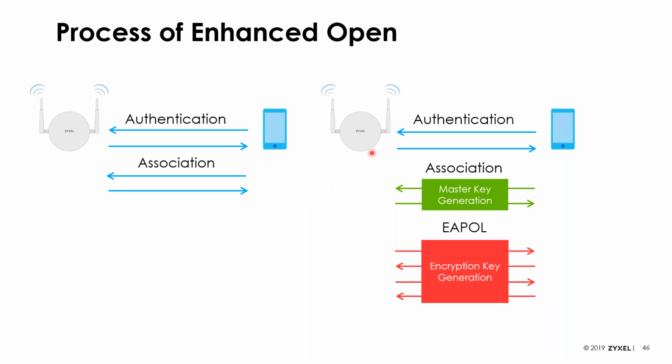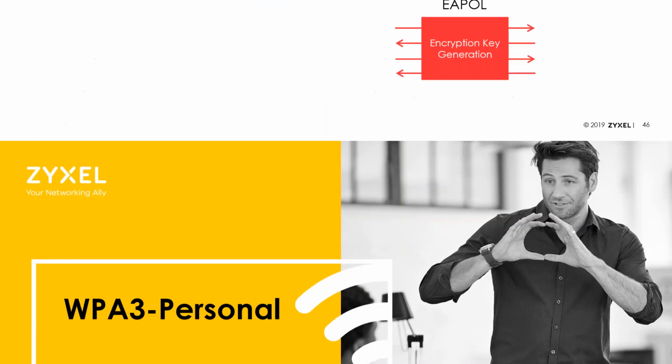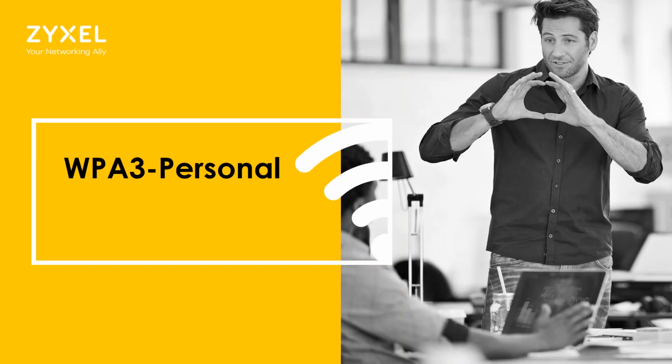In the enhanced open, we have the authentication, then the association and the master key generation, and then the encryption key generation after that. The transmissions will be done encrypted, so there is no possibility of eavesdropping. So even open Wi-Fi can be secure.